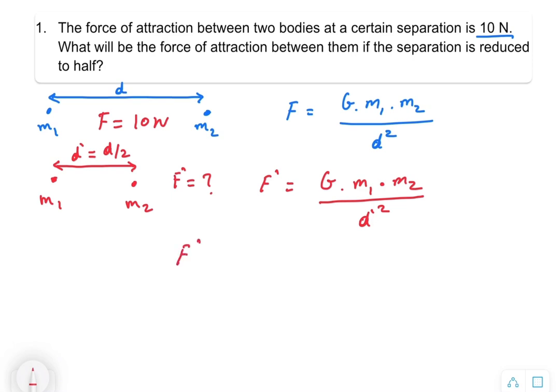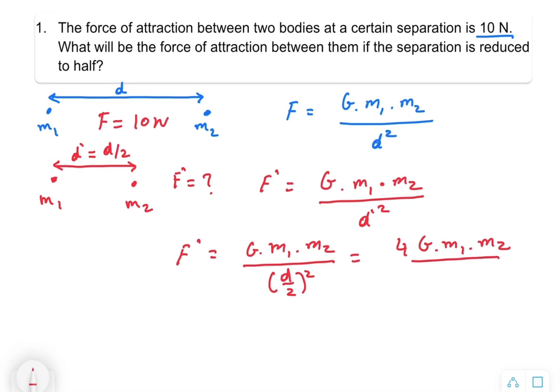So F dash will be equal to G m1 m2 divided by (d by 2) square. This will become d square by 4, so 4 will come to the numerator: 4 G m1 multiplied by m2 divided by d square.